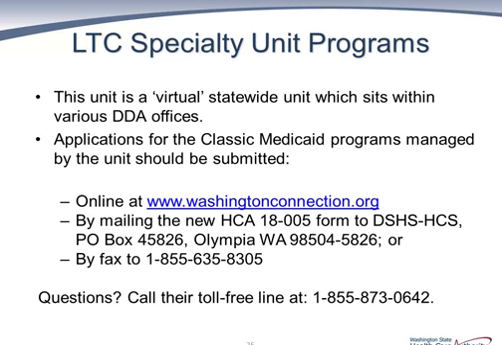So the best way to get those applications to that unit is to either mail the HCA 18005 form, the new one, to the HCS hub, or fax it to our HCS fax number, which is at the hub, and then that gets imaged directly into our records. Or they can submit them through the Washington Connection site, and we'll make sure that they get sent over to the specialty unit to work.